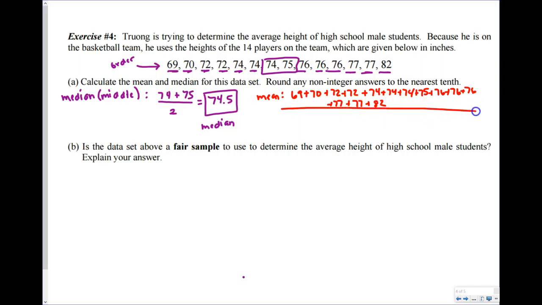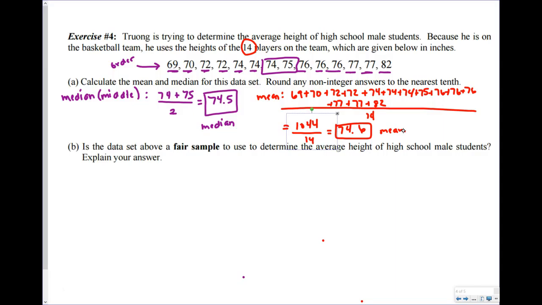After I add all that up, I'm going to divide it by how many players there are on the team, which was 14. And when I do this calculation on my calculator, I get 1,044 when I add up all of their heights, divide it by 14, and I get a mean of 74.6. So this is my mean. The mean and the median are actually very close in this example.